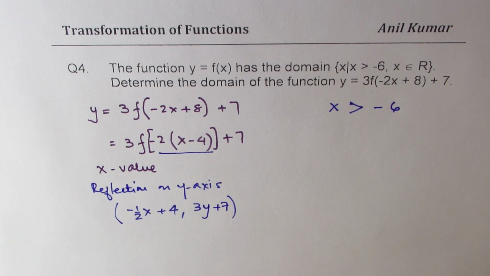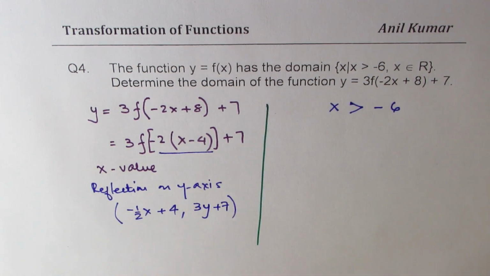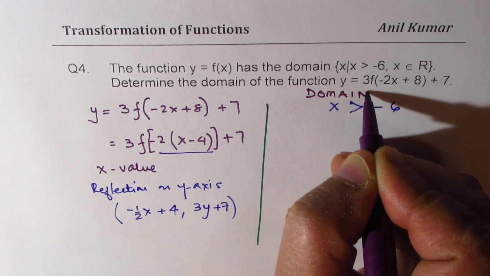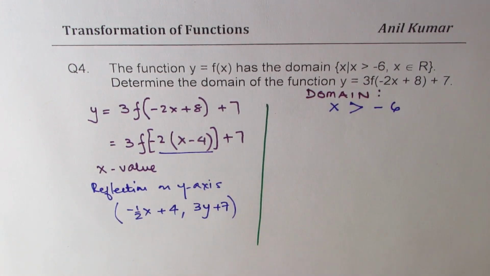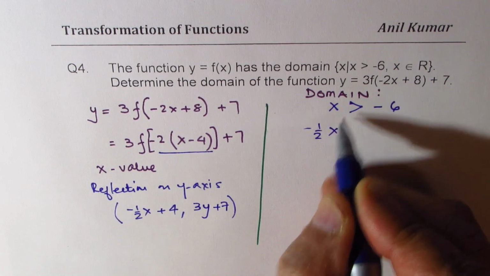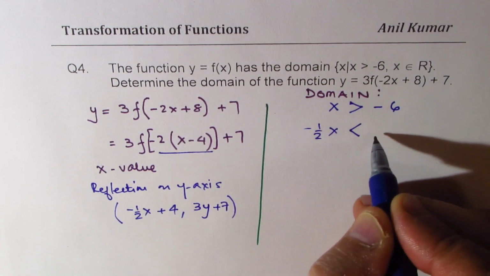So let's do it in steps. Now we'll work for domain here. These are very important steps. Make a note of this. We have to multiply by -1/2. Whenever you do that, the inequality sign changes.